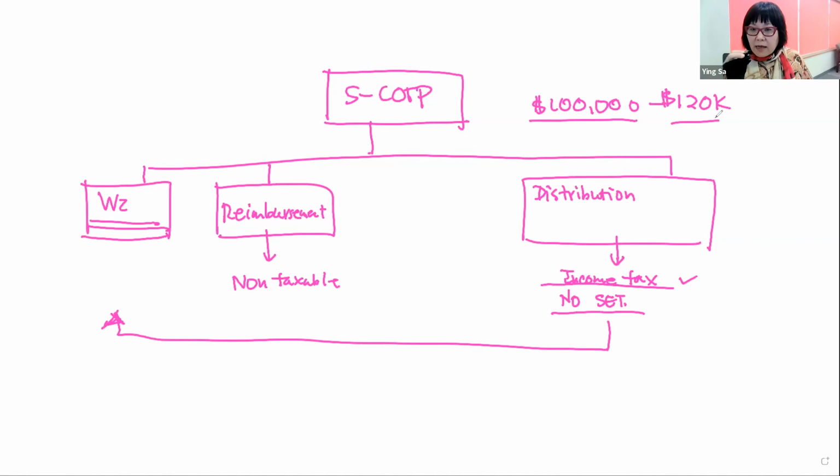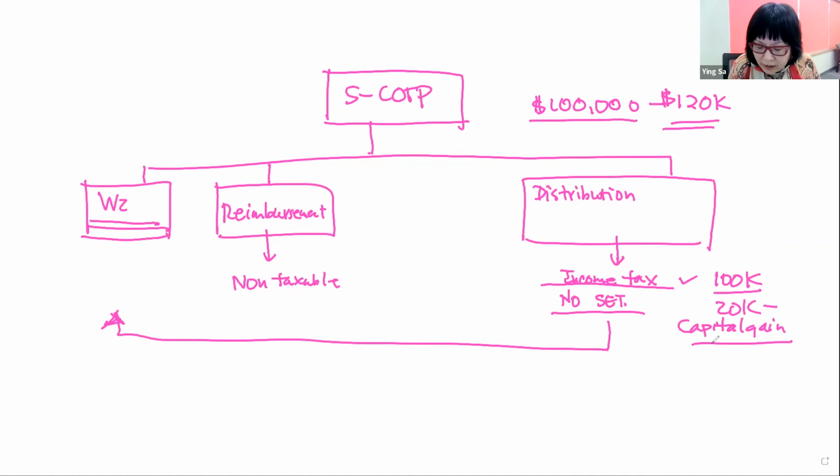Okay, fine. When you do that, let's say you drew 120. You are actually paying income tax on the $100,000. Then your 20K is labeled as a capital gain, because you drew more than what you have. We give that word as a basis.